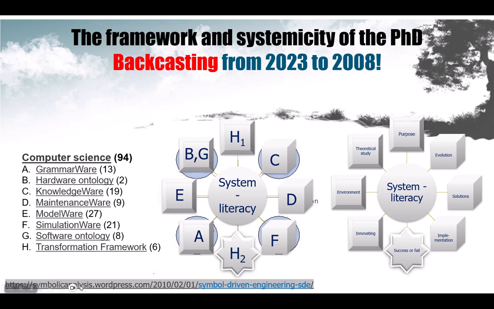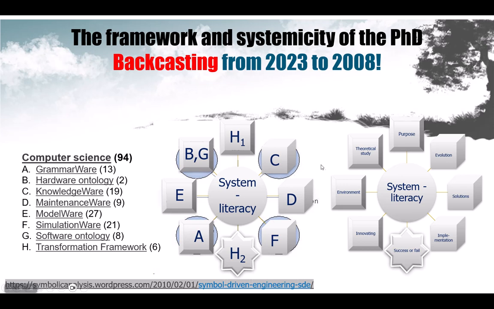So we have here transformation framework before the work and transformation framework after the work here. The purpose is to find a route from H1 to H2. It goes through these kinds of sub-goals: B, hardware ontology, and software ontology, and E, modelware, and this is a grammarware part.